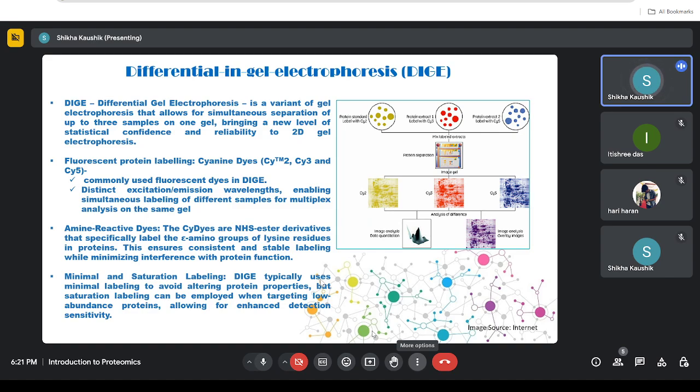Then you have minimal and saturation labeling. DIGE typically uses minimal labeling to avoid altering protein properties. I mean, this labeling will not interfere with the protein properties. It will not change the structure. It will not have any effect on the protein, because the labeling itself is done.